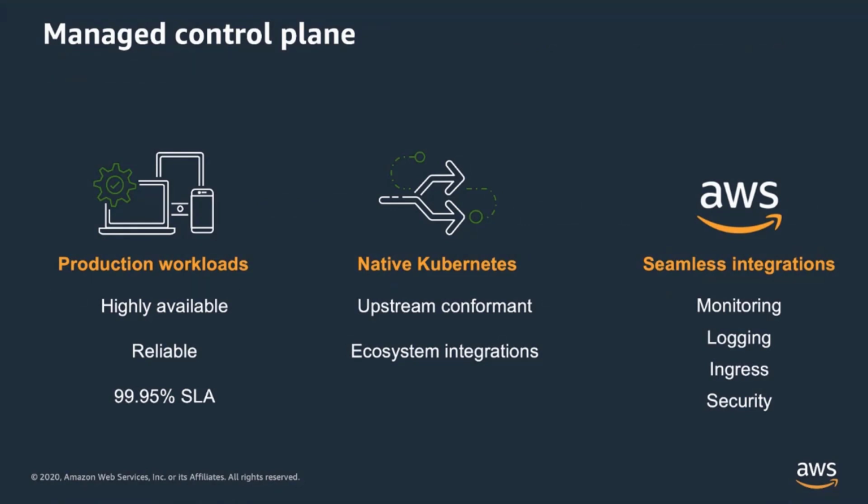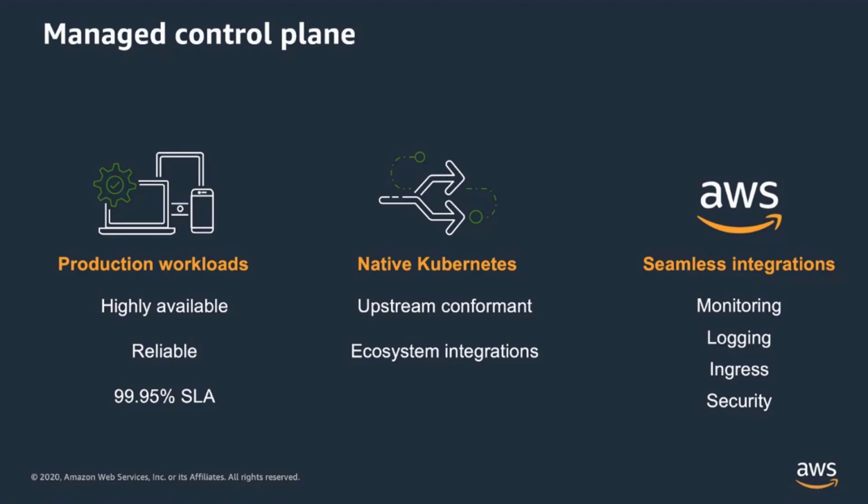Now, I talked about managed node groups and the managed control plane, and I want to double click into some of these before I hand it over to Aaron. Let's talk about the managed control plane. Managing a highly available, reliable, and durable control plane is one of the primary and most important challenges when operating Kubernetes at scale. The EKS control plane is designed with AWS best practices for security, scalability, isolation of failure domain, and fault tolerance.